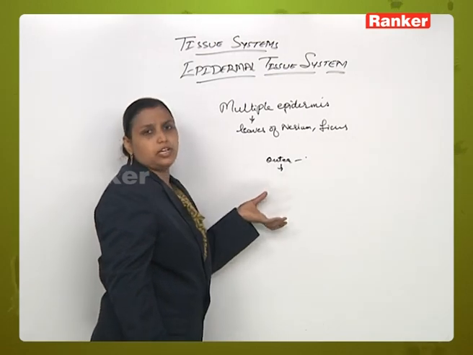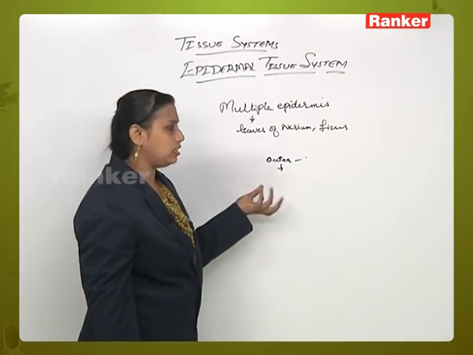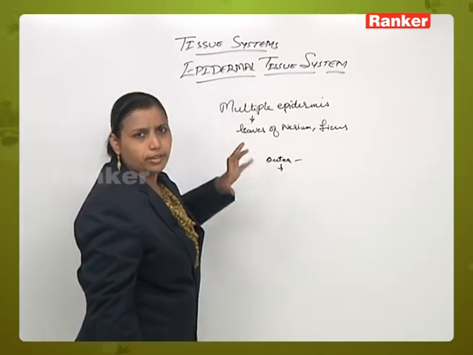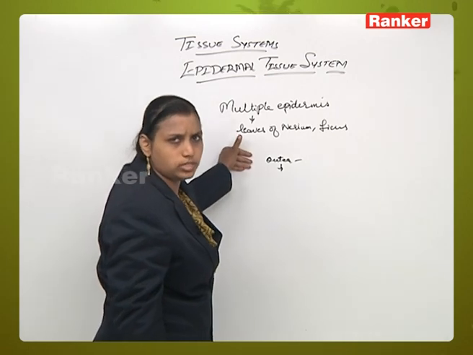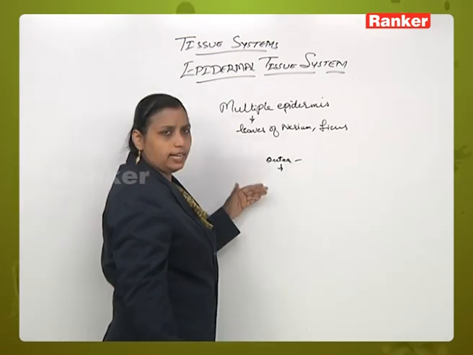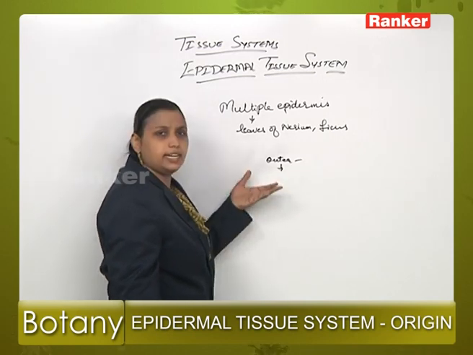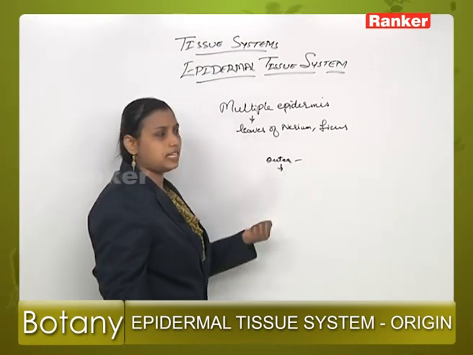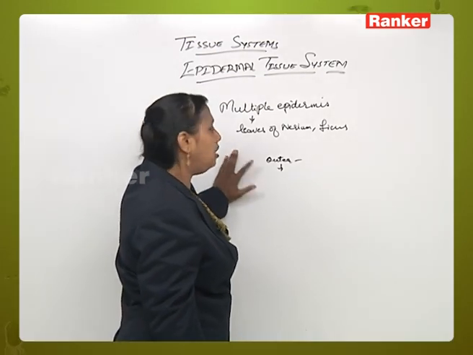The arrangement of the rows of cells from the second layer to the 16th layer will be different from the other cells of the cortex. That is how you identify multiple epidermis.